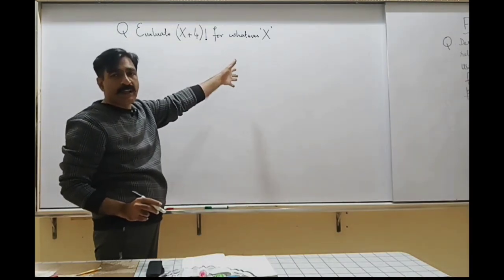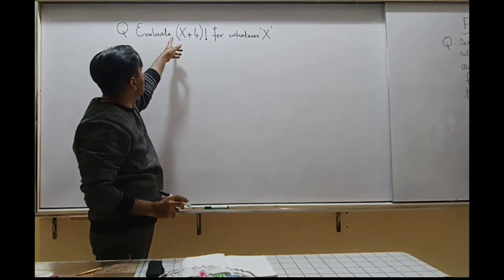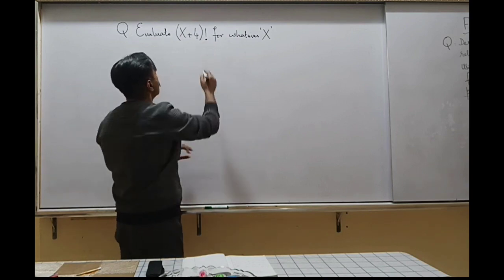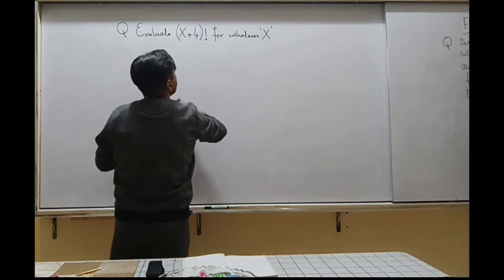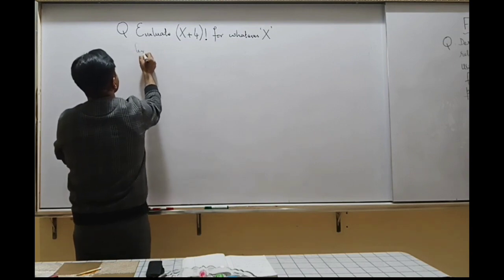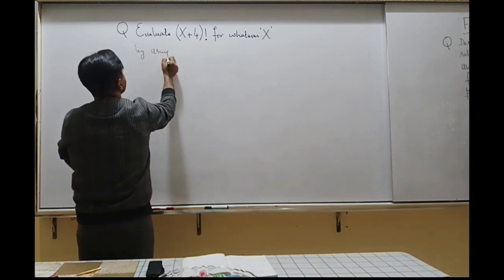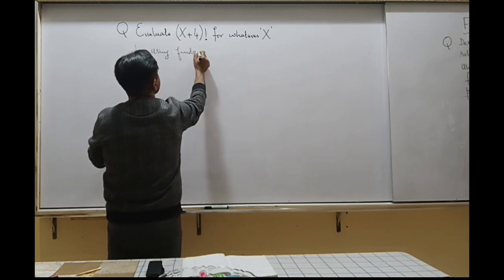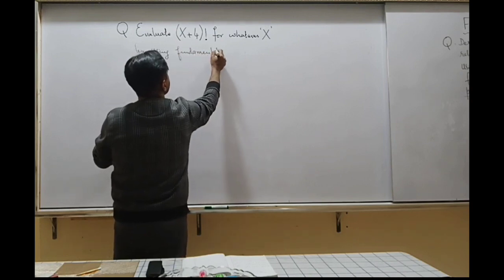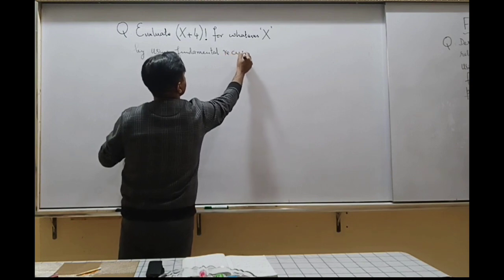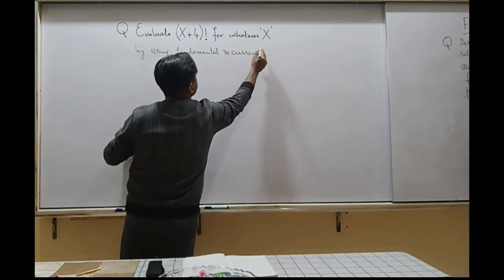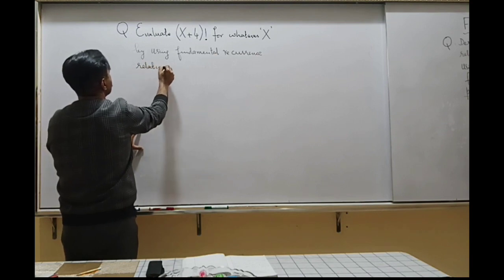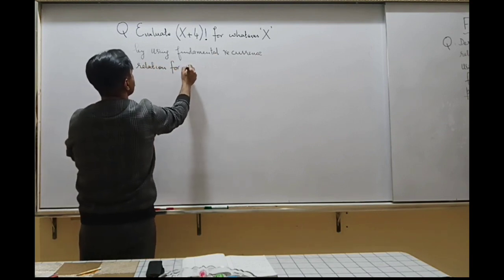Whatever this mathematical object is, you need to evaluate x plus 4 factorial by using the fundamental recurrence relation for the gamma function.